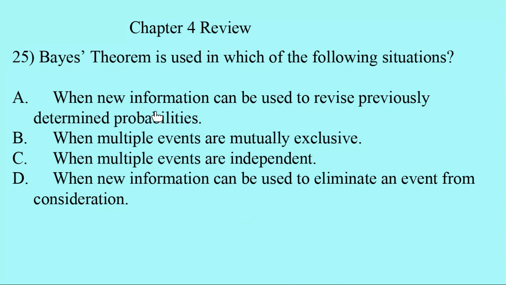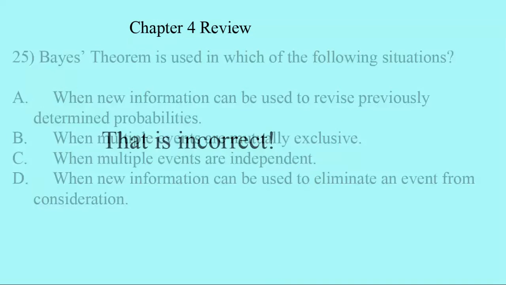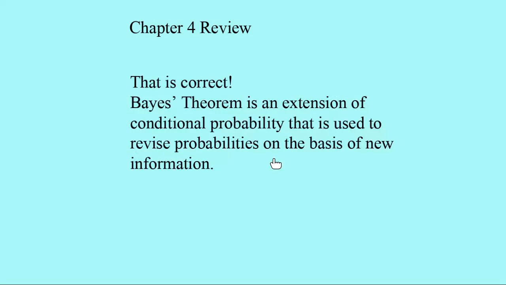So when new information can be used to revise previously determined probabilities. Bayes' theorem is an extension of conditional probability. It is used to revise probabilities on the basis of new information. So you use the theorem when you get new information about the probabilities. Very good.